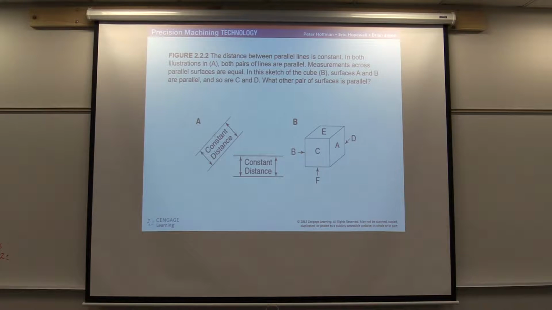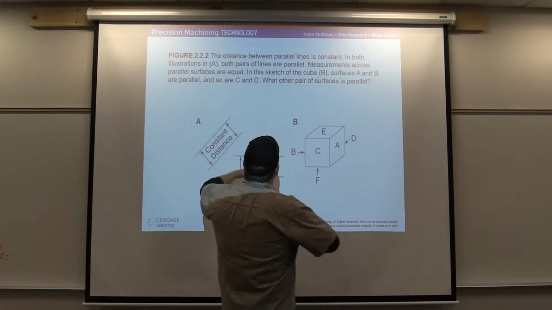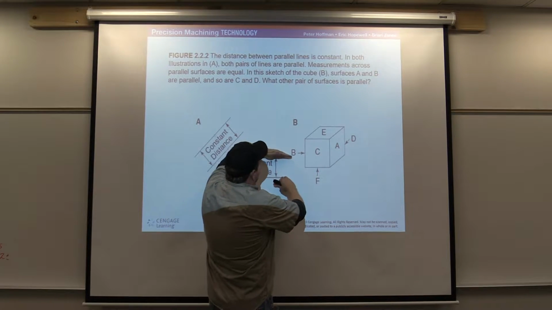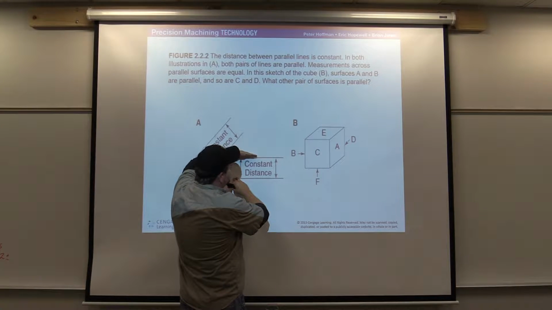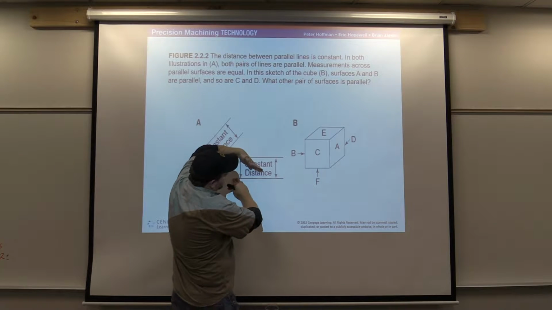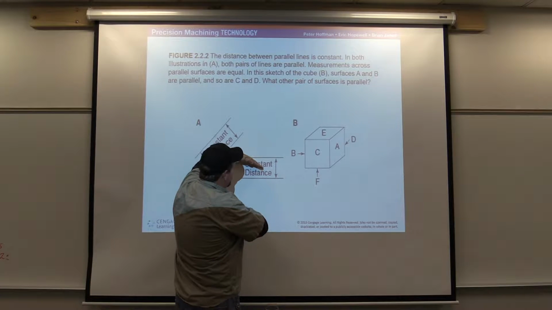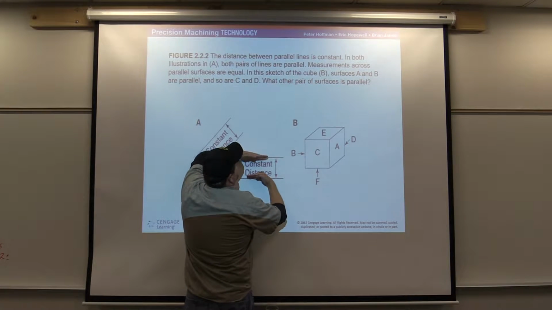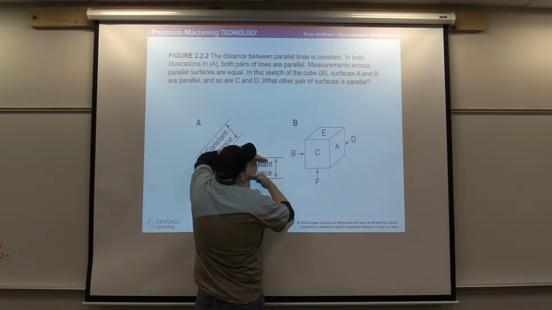So here's a good example of constant distance. So we're talking about parallel, okay? Parallel again means they never intersect. They are constant distance. So now if this was 2/1000ths of an inch in this direction, and I'm going to go very drastic here so we understand what we were talking about. This one's here, and instead of being straight, it's 2/1000ths of an inch in this direction.